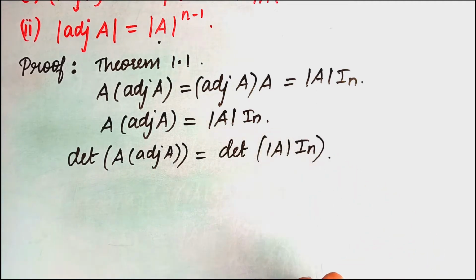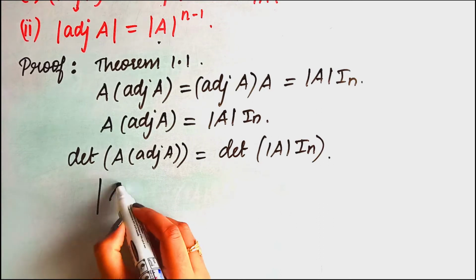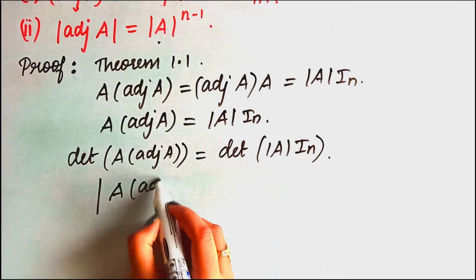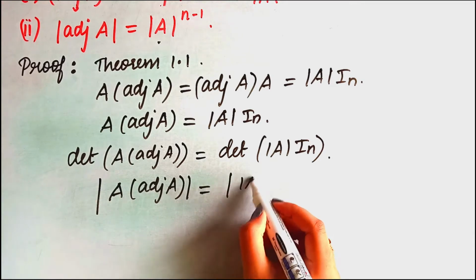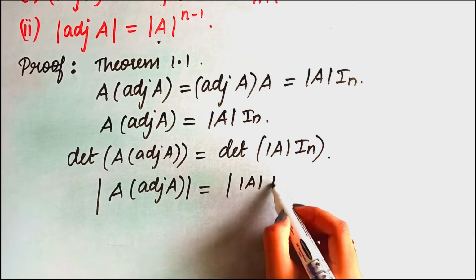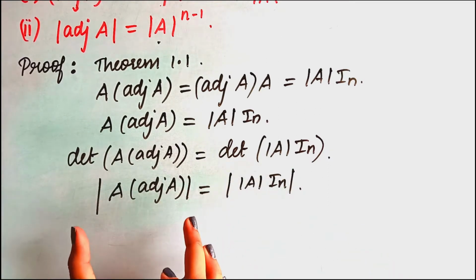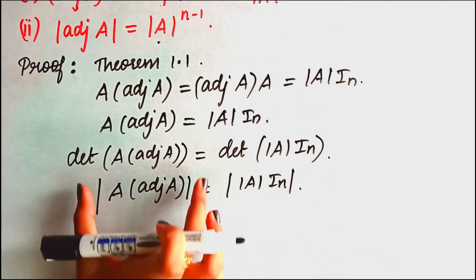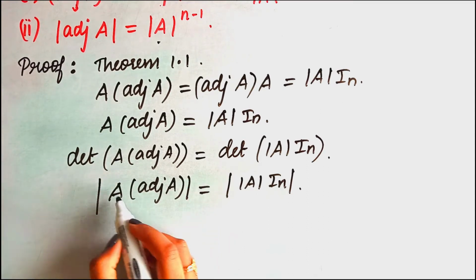So this is what you get, and this can be written in the form of determinant, which is A into adjoint A determinant, and then determinant of A into In, right? Now let's split this.